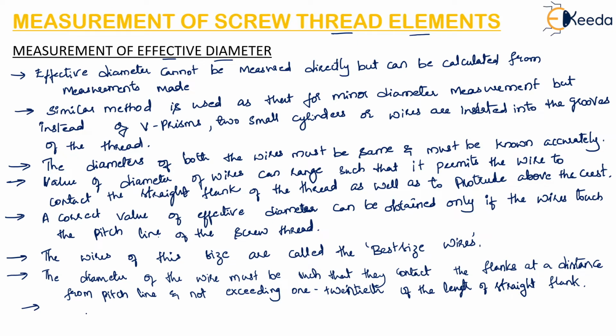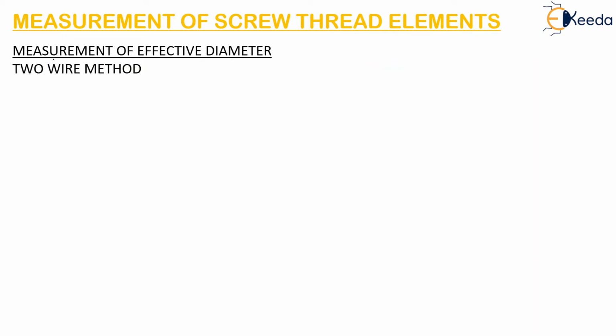There are two methods for measuring this effective diameter: the 2-wire or the 3-wire method. The first is the 2-wire method for measuring the effective diameter.